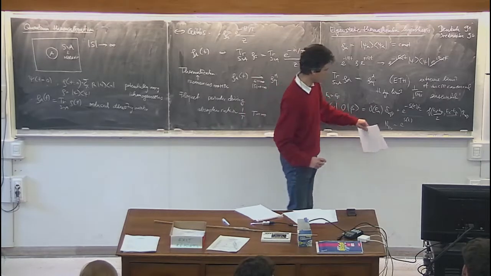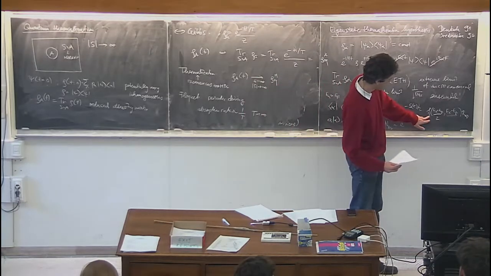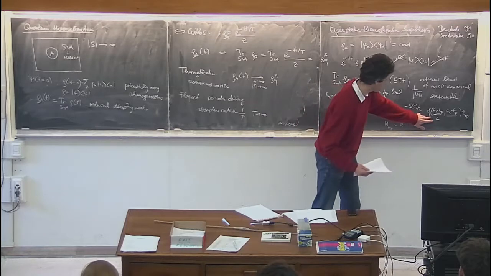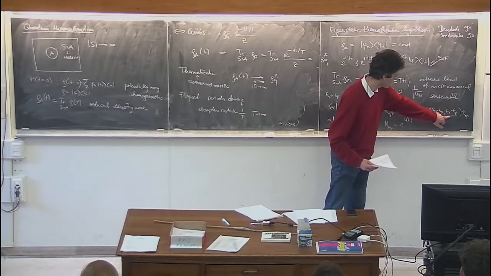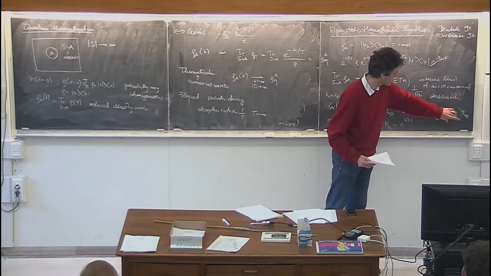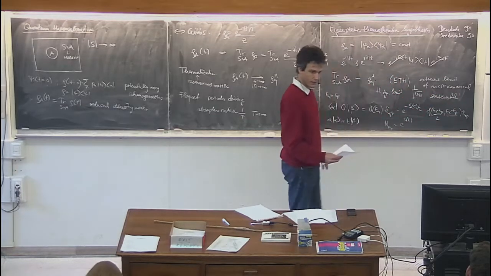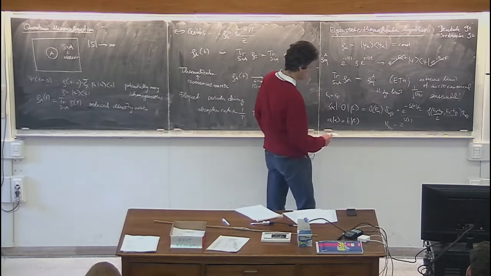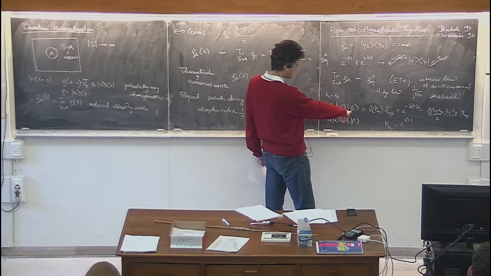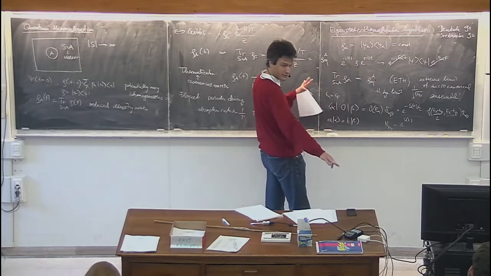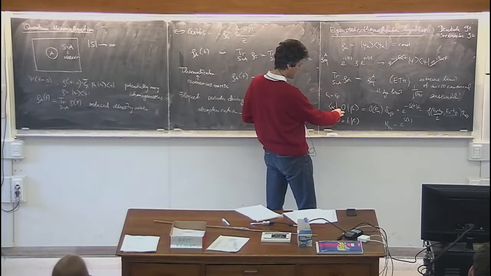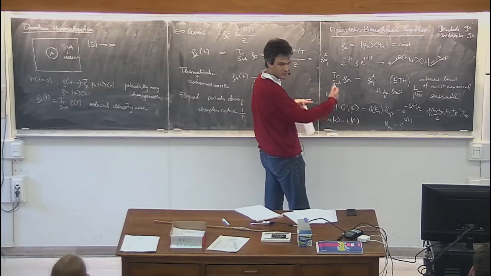Otherwise, you can put that into this function. If E alpha and E beta are very different, then this argument becomes large, and then there's a suppression. And of course, this matrix element must be zero if alpha and beta are a totally different energy, right? And a local operation cannot change the energy by much.